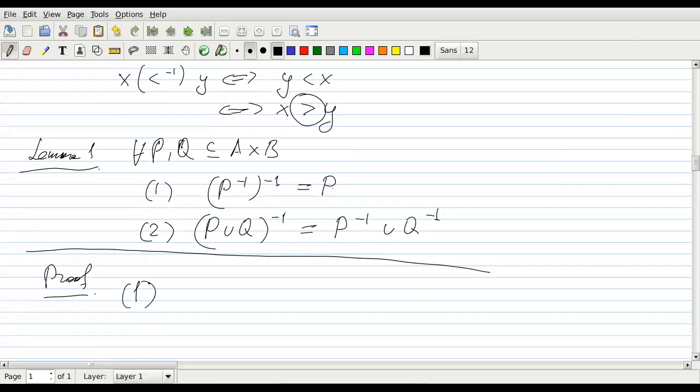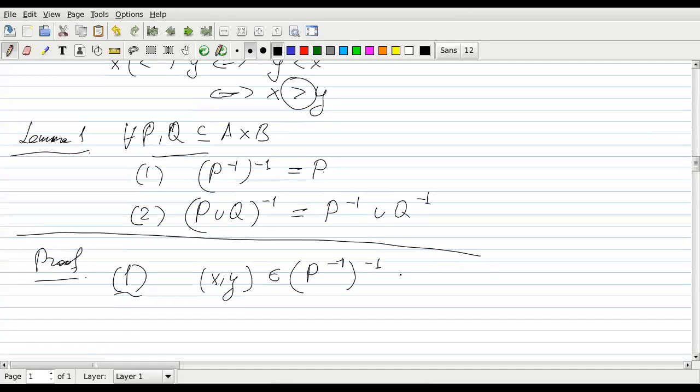Okay, first let's prove our properties. We know that every element of our A times B is uniquely representable as a pair, so no need to do our routine such that take some arbitrary z. We know that every z is of the form xy, and these x and y are uniquely determined from z. So let's consider pairs from the very beginning. What does it mean that xy belongs to this set?